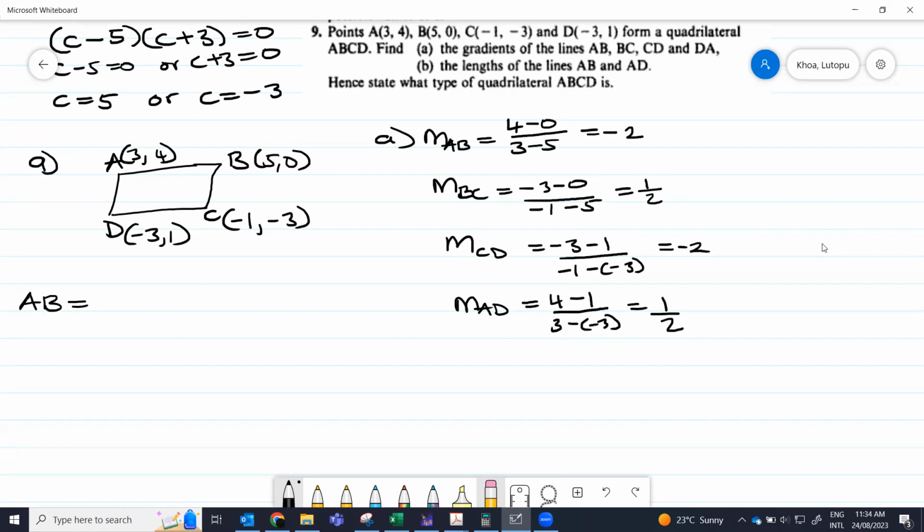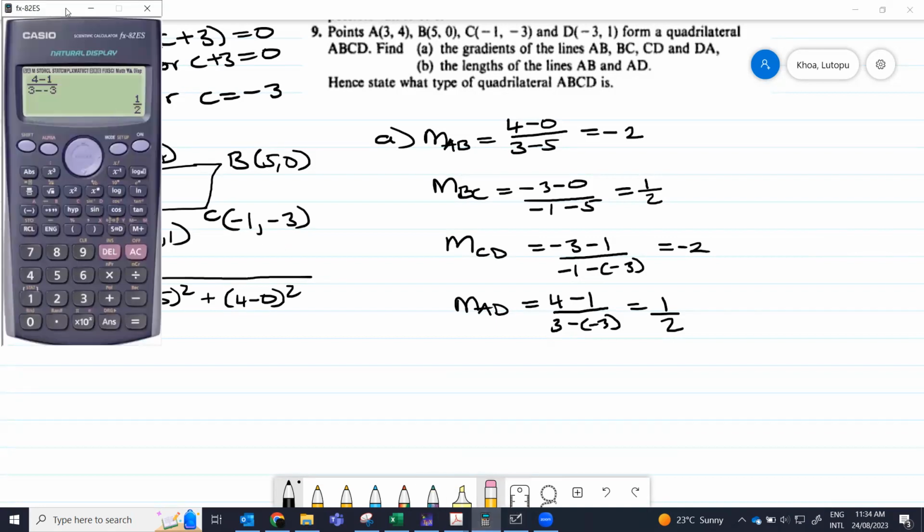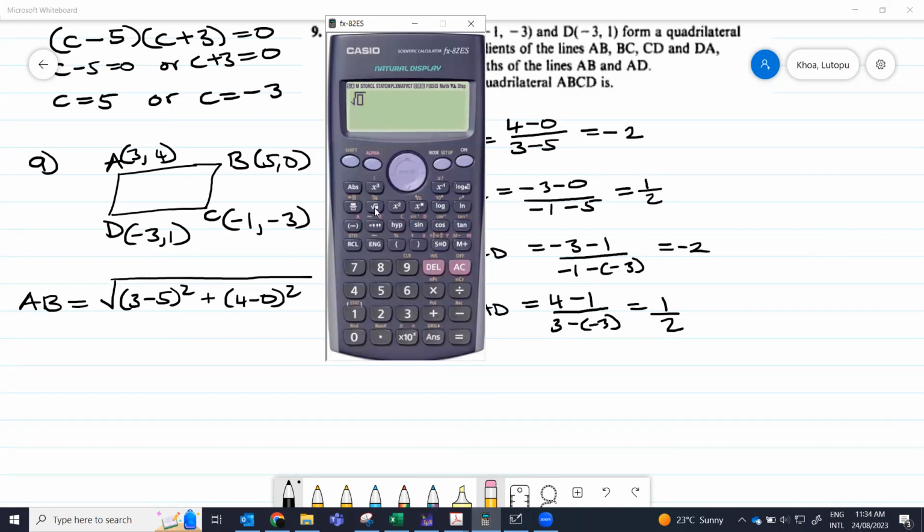Okay, so this line, this is the square root of 3 minus 5 squared plus 4 minus 0 squared. Okay, this is 2 squared.